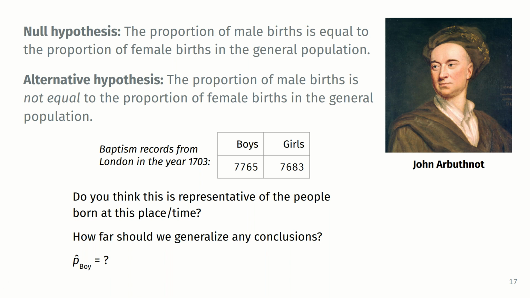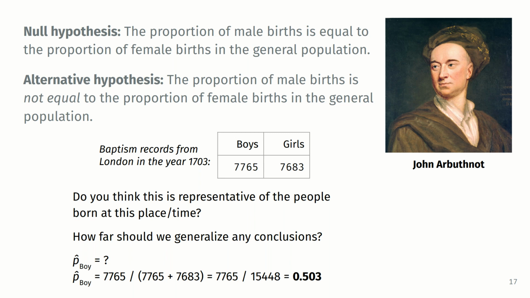We could do this with girl births as well, but either way, it'll work out for us. We find that by taking the total number of boy births and dividing it by the total number of both boy and girl births here. So 7765 divided by the sum, and that works out to about 0.503.